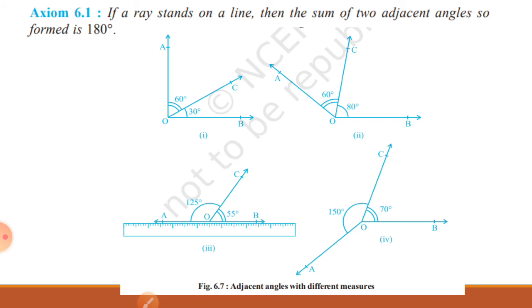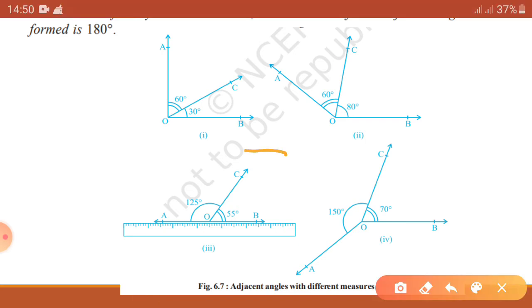You will find that only in figure 6.73 do both the non-common arms lie along the ruler, that is, points A, O and B lie on the same line and ray OC stands on it.